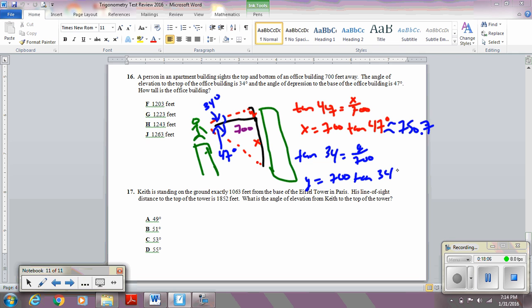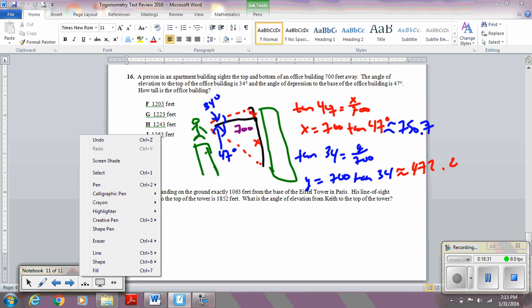So we just need to change our angle to 34. And you get 472.2. And now we add those two together to get the total height of the building.